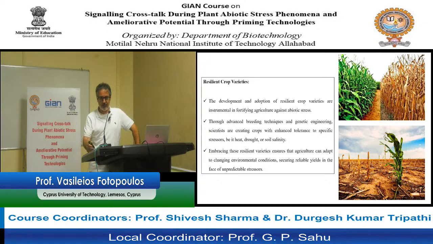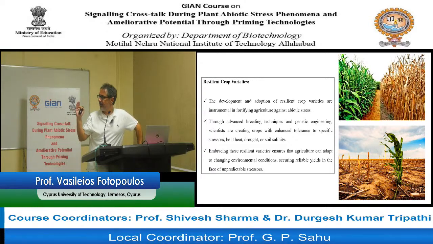The importance of resilient crop varieties is very important, mainly through the gene editing approaches. So through gene editing, but also advanced breeding. Nowadays we have also speed breeding techniques that can lead to multiple cycles of a crop within the same farming system.